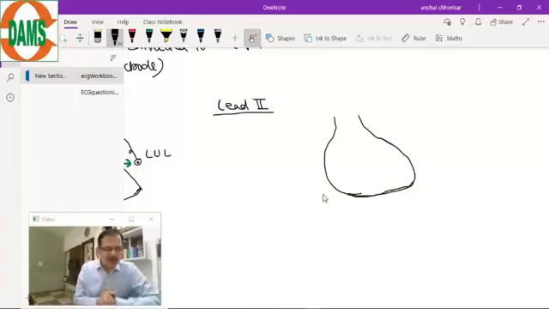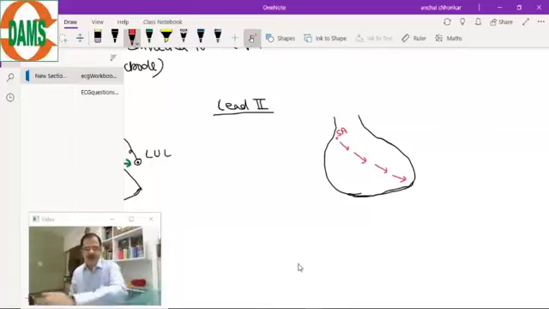This is a vertical position of the heart. Here, the SA node is somewhere here. This is the normal direction of depolarization. Remember, the normal direction of depolarization is in this direction.